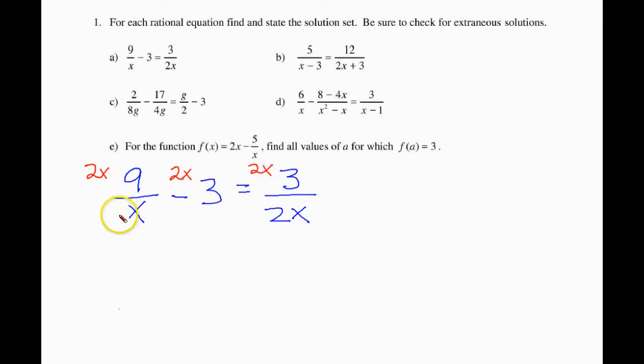Now here, I'm going to cancel out the x, and I get 18. Here, there's nothing to cancel out, so it's a negative 3 times 2x, which is a negative 6x. Now nicely here, the 2x cancels with the 2x, and I get a 3.